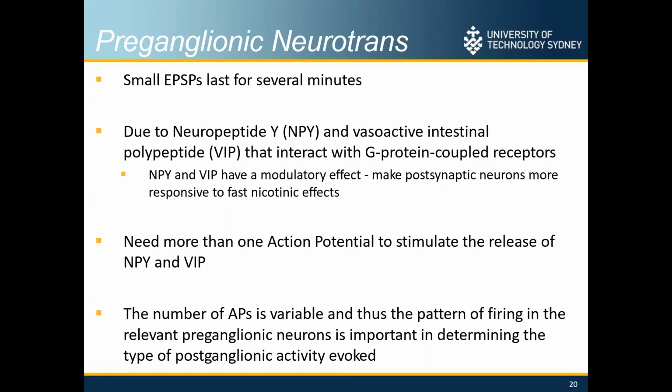It is important to note that the effects mediated by these neuropeptides are only modulatory, which means that they are not enough to trigger an action potential in the postsynaptic cell. What they do, however, is make the cell more responsive, so that when this cell gets activated, it is more likely to generate an action potential.